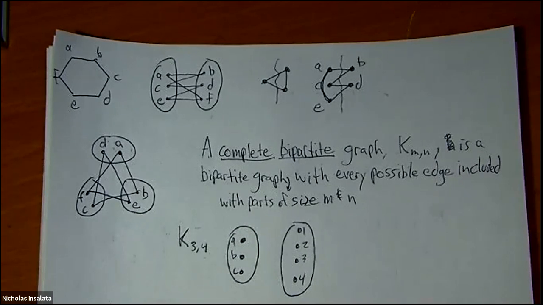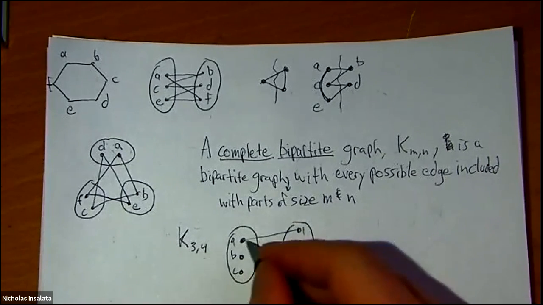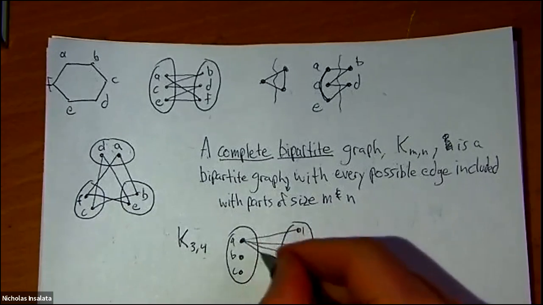So who's A going to connect to for a complete bipartite graph, K_{3,4}? Everything on the right. Okay, so A connects to 1 and 2 and 3 and 4.